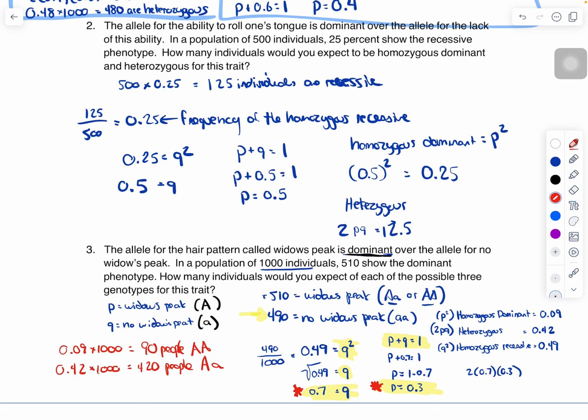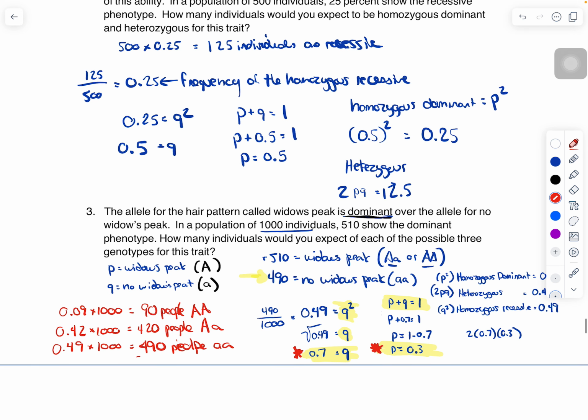And then finally, 0.49, we've already figured this out, but we can do it again, will be 490. That will be little a, little a. If you add those all up, that should represent the population of 1,000 people.